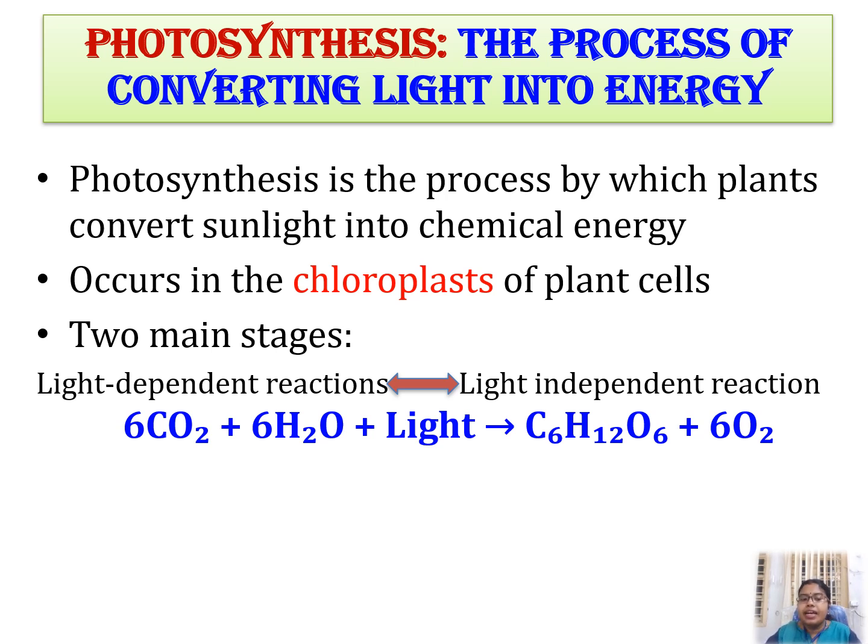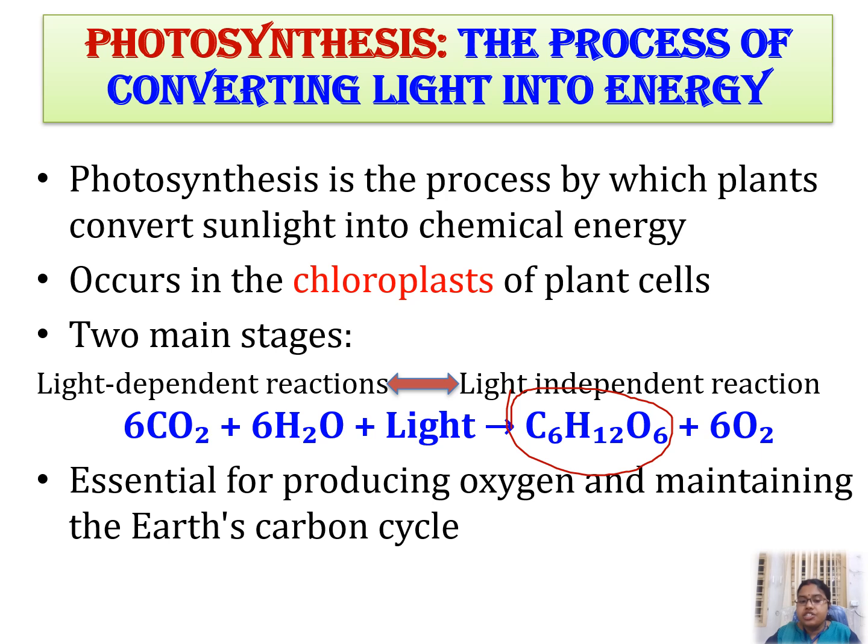The overall reaction: carbon dioxide and water, in the presence of sunlight, are converted into carbohydrate, C6H12O6, the glucose molecule, and oxygen. It is essential for producing oxygen and maintaining the earth's carbon cycle.